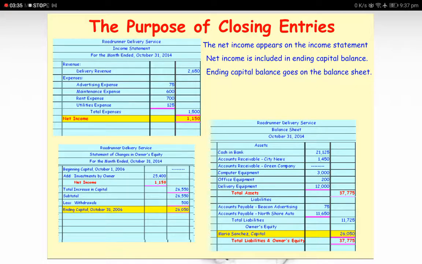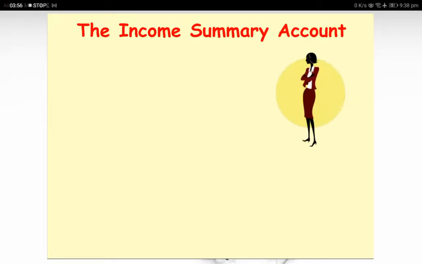So see, revenues and expenses are posted in the income statement, and they form the net income. Net income is posted in the statement of changes in owner's equity, and from there it goes to the balance sheet. So this capital balance does not match the capital balance in the general ledger. Why, we will discuss. So the income summary account.